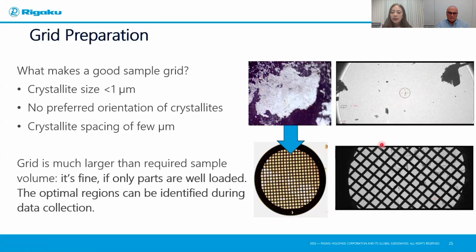And when you compare that to this zoomed out version of the grid, we're sitting inside of one of these grid squares, just a portion of it. And so we have just a fraction of a percent that we're looking at any one time. And so it's quite easy to actually just locate optimal regions during data collection, as opposed to worrying about a more precise loading strategy.